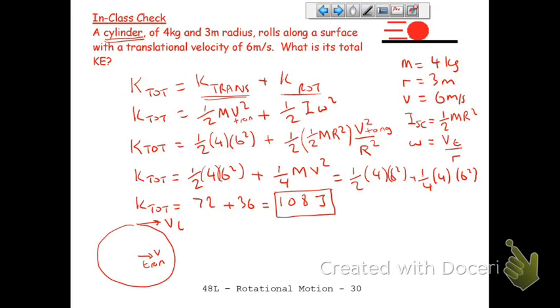Here's my v tangential. This omega equal to v tangential over r is not necessarily the same as v translational over r. They're different places on my diagram, yeah? So there's a relationship between these two, and it turns out that it's a one-to-one relationship.